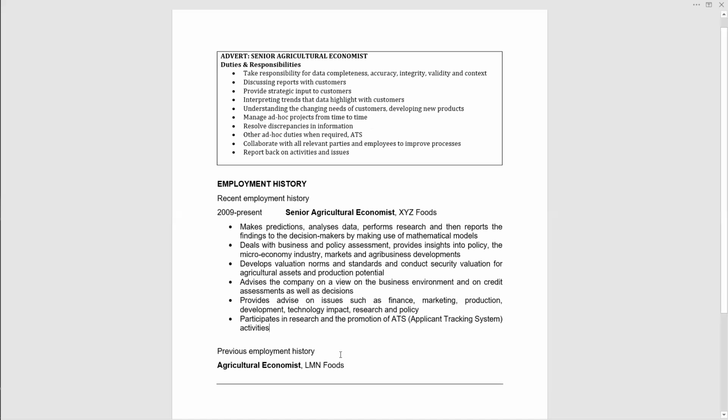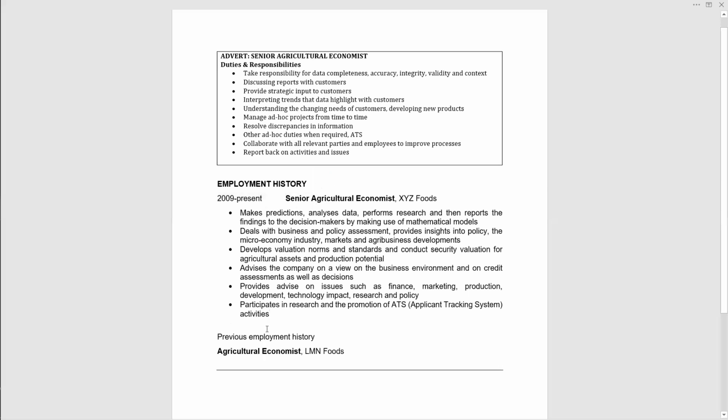Otherwise, guys, if you are new into the employment world and you have very little experience, there's no need to say recent history. This is for people who have a lengthy employment history, and then here you can follow the same things.